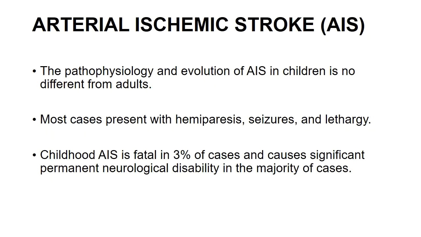Coming to arterial ischemic stroke, or the AIS, the pathophysiology and evolution of this AIS is no different from that of the adults. Okay, so as we've discussed in the previous class, we've covered the ischemic stroke. Most cases present with hemiparesis, seizures, and lethargy. Childhood arterial ischemic stroke is fatal in about 3% of the cases and causes significant permanent neurological disability in the majority of the cases.